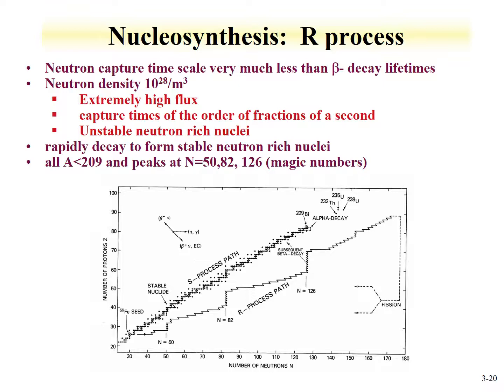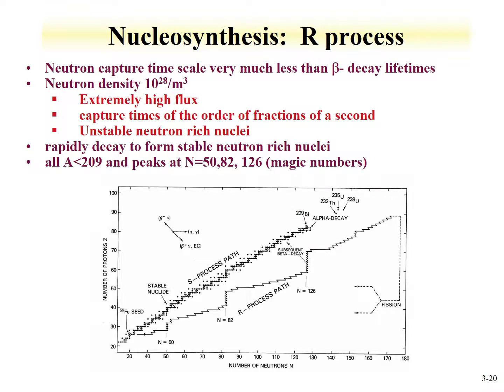So imagine that you're sitting out here at bismuth-209, and you have a capture of neutrons all the way out to maybe bismuth-238, and then you get conversion of those excess neutrons to protons through beta decay, and you wind up at uranium-238. So you wind up forming stable or long-lived neutron-rich nuclei, and that's responsible for these nuclides living at this part of the chart of the nuclides, the actinides.